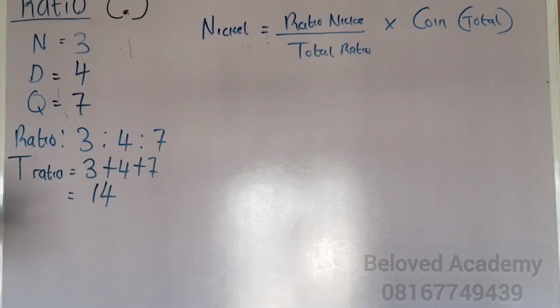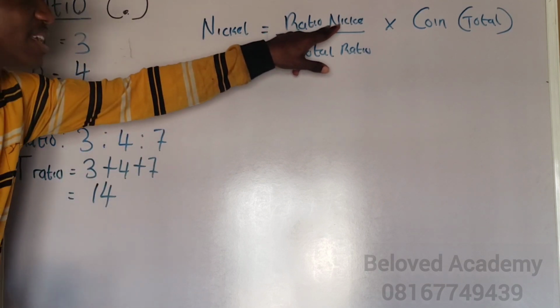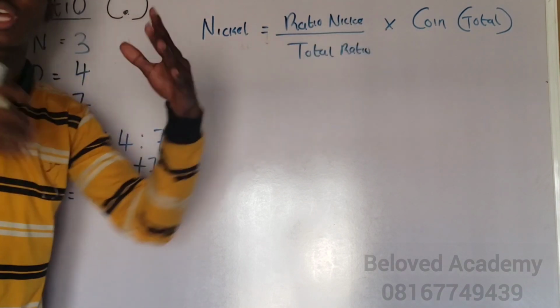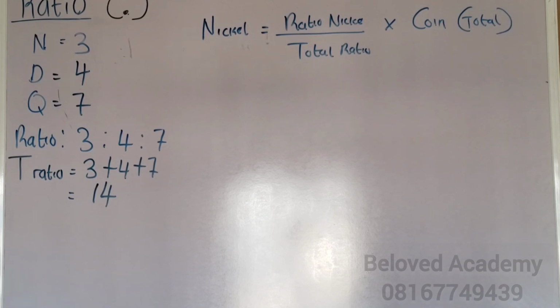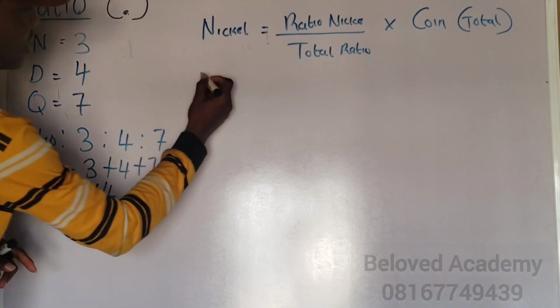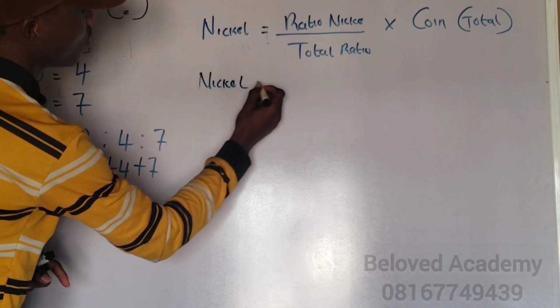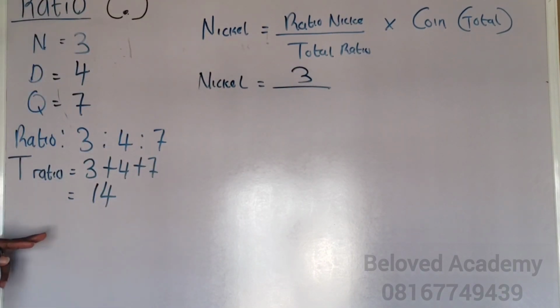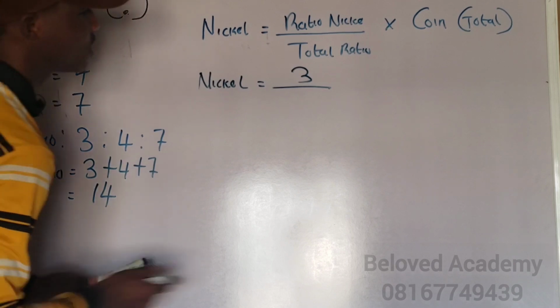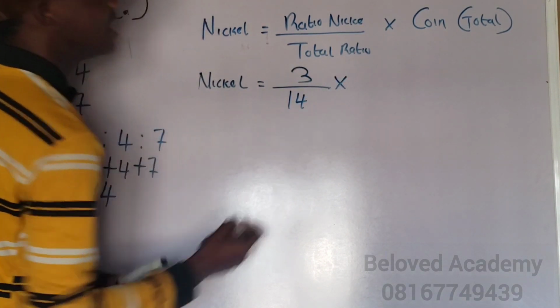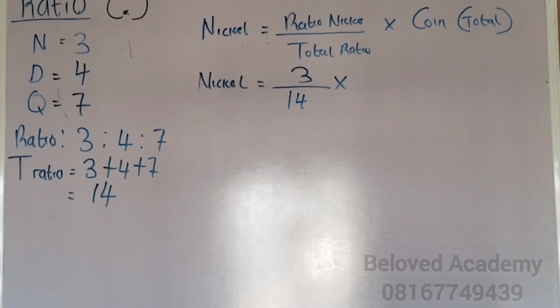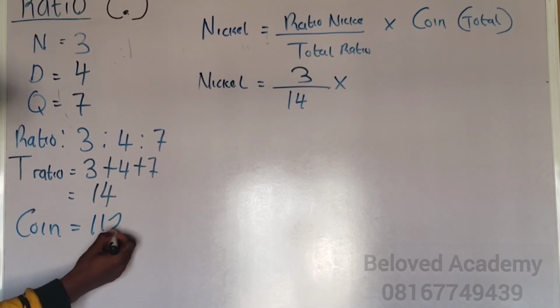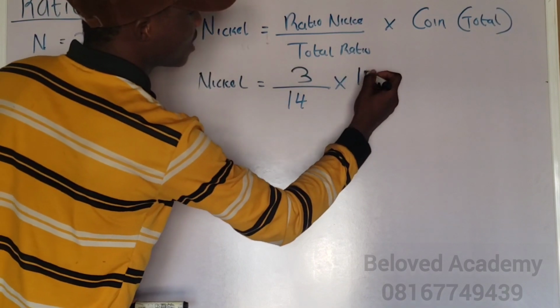To determine the nickel coins present in the jar, it is the ratio of nickel over the total ratio multiplied by the total coins present in the jar. So the ratio of nickel is what? 3. So I'm going to have 3 all over the total ratio. The total ratio is what? 14. So 3 all over 14 multiplied by the total coin. Don't forget that we've been given in the question that the total coin is equal to 112. You understand? So this multiplied by 112.